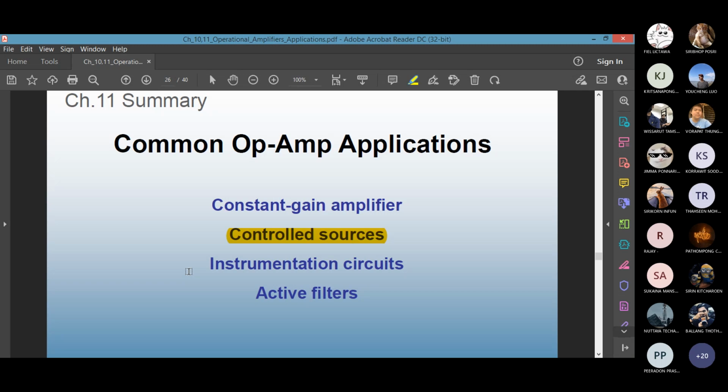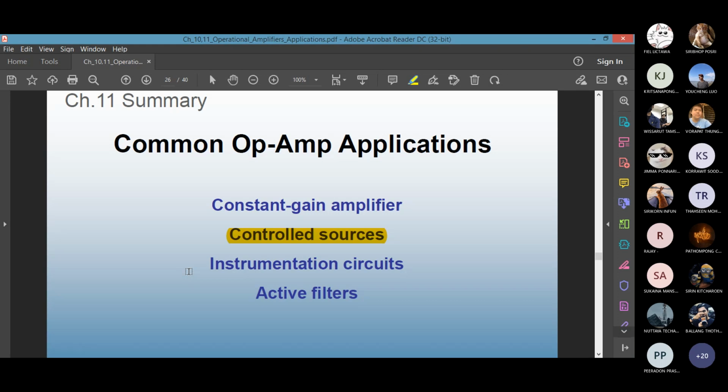We have two types of voltage sources here we will study. Voltage controlled voltage source means it's a voltage source, but it is controlled by another input voltage. And then you have current controlled voltage source. The output is treated as a voltage source, but it is controlled by an input current.